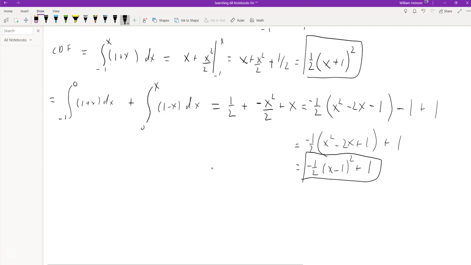We're going to call the CDF R instead of CDF, because it's going to be a random number, and we have R equals 1/2 (x plus 1) squared, and this is region 1. This is when x is between -1 and 0, and then we have R equals 1 minus 1/2 (x minus 1) squared.